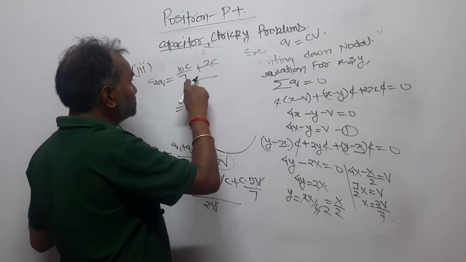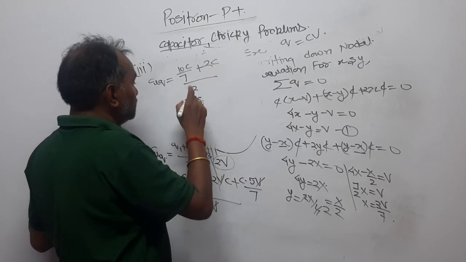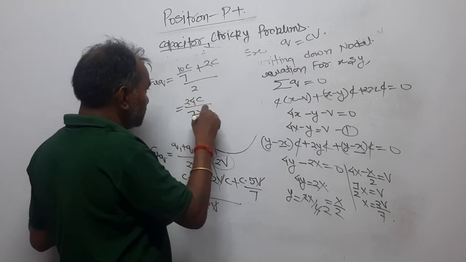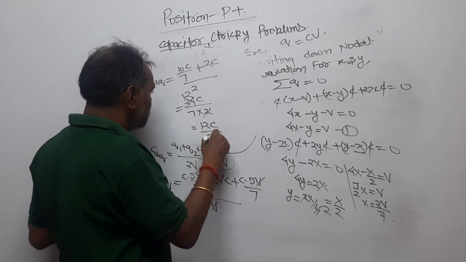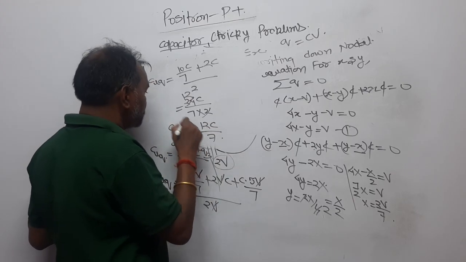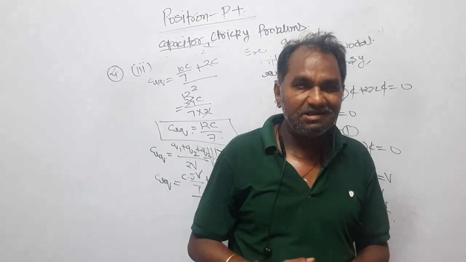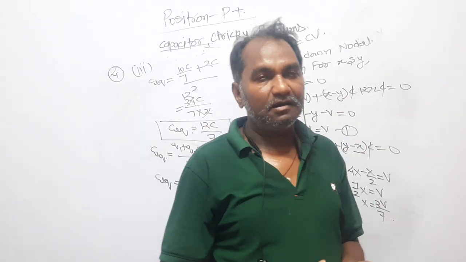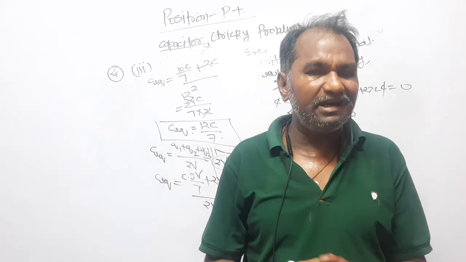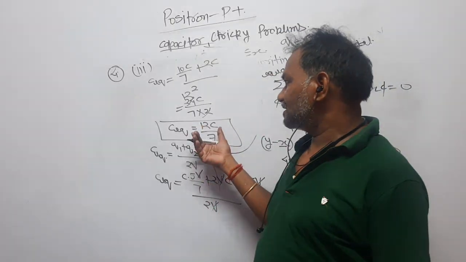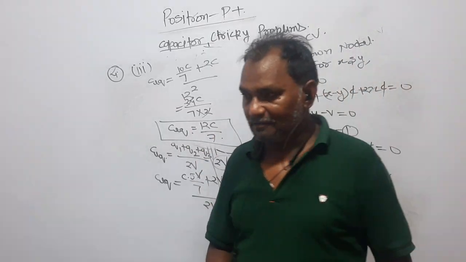Dear student, it becomes 10C by 7 plus 14C by 7, that is 24C by 7 into 2, that is 12C by 7, the equivalent capacitance of the circuit when the points are considered across the edge. If the 2 points are the 2 terminals across any edge, then the equivalent capacitance of the cube will be 12C by 7.